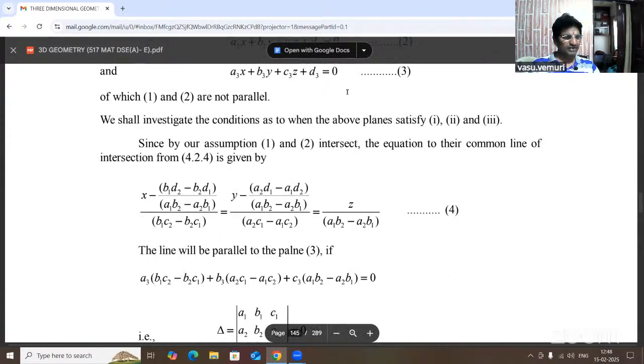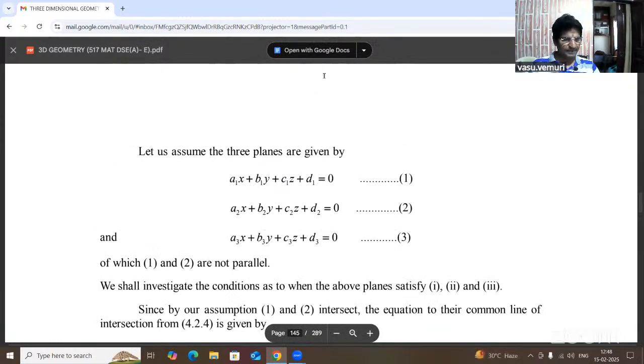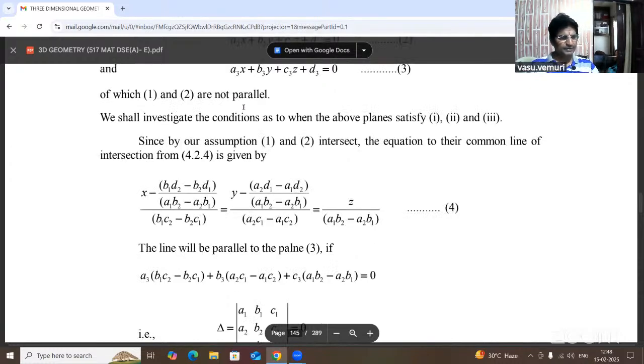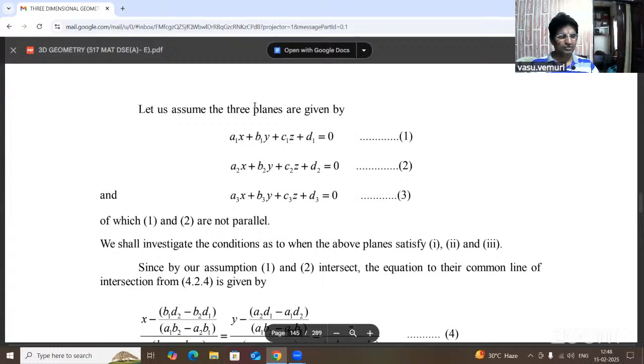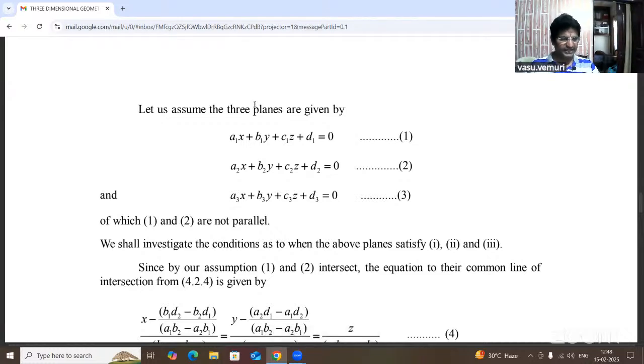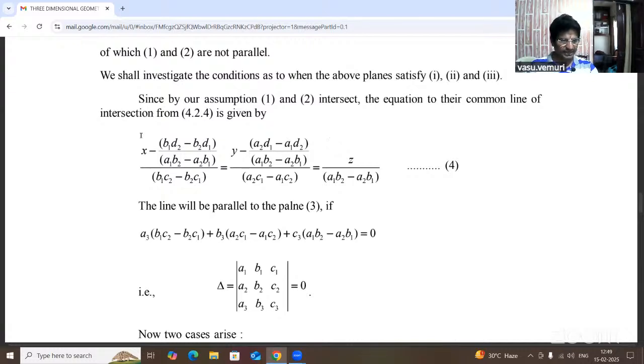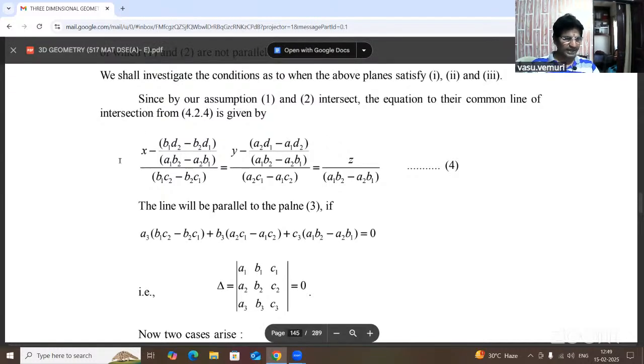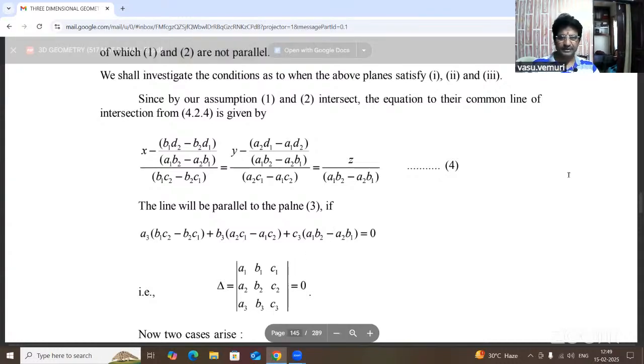So the LMN values are found from a1 L plus b1 M plus c1 N equal to 0, a2 L plus b2 M plus c2 N equal to 0. We are finding the values of LMN by Cramer's rule. We get L as b1 c2 minus b2 c1, M as a2 c1 minus a1 c2, and N as a1 b2 minus a2 b1.